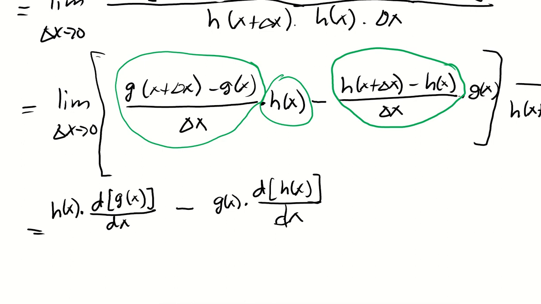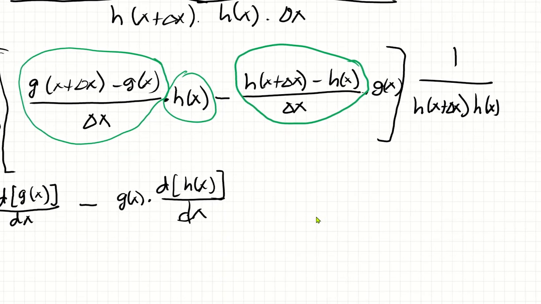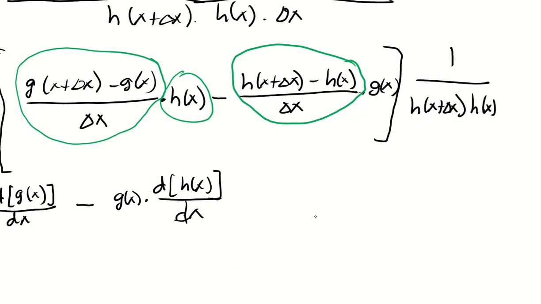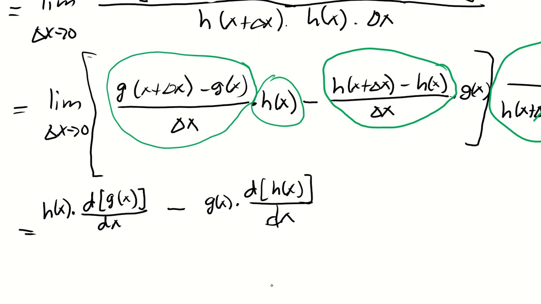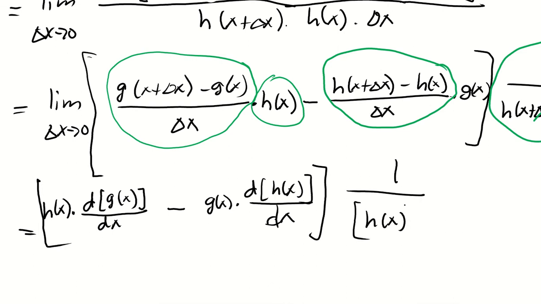Then at the last part, what's the limit of this one as delta x approaches 0? It will be equal to 0 for the difference, so the only remaining will be h of x. You multiply it with h of x, then that will be h of x squared. So the whole thing, we just multiply it with 1 over h of x squared.